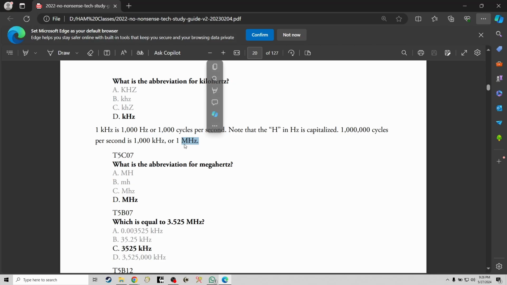All right. Now here, the M is also capitalized. So that's where they're going to try to trick you in the next question here. What is the abbreviation for a megahertz? So that is capital M, capital H, lowercase z.